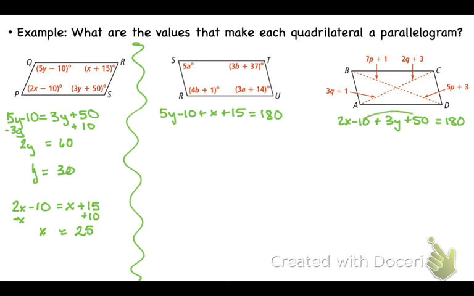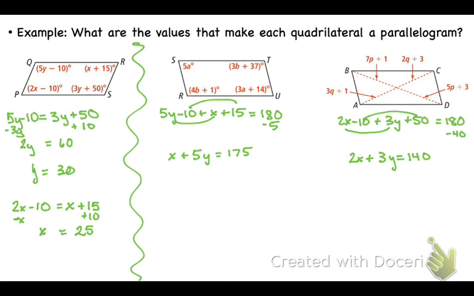So this would be 40, and so subtract 40. And this would be 2x plus 3y equals 140. And this would be 5, so minus 5. And this would be x plus 5y equals 175. Yes?